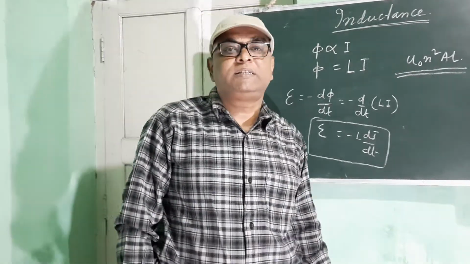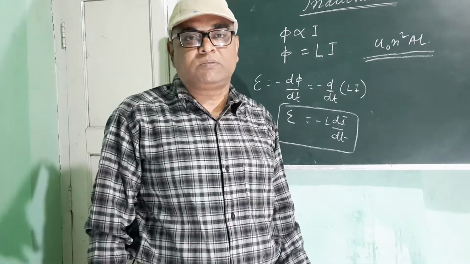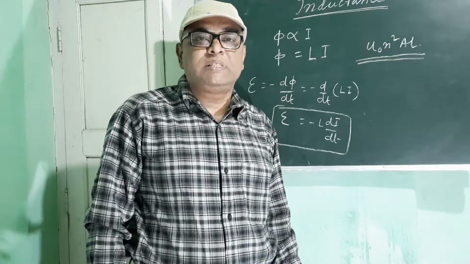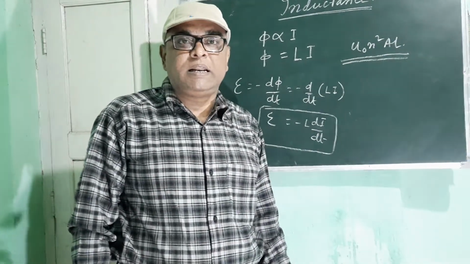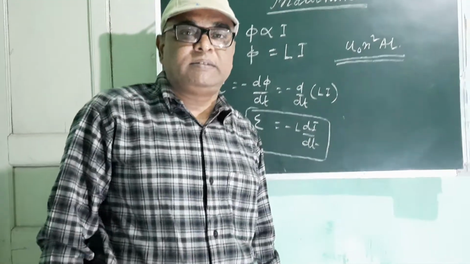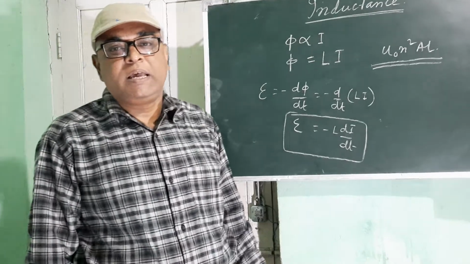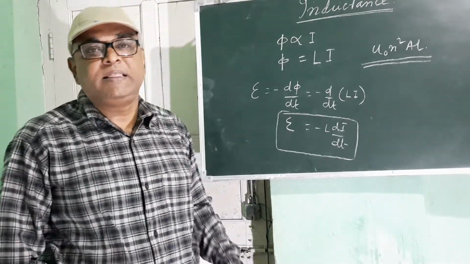Why is it called the inertia of the circuit? It is analogous to mass. As mass opposes any change in motion, similarly in any circuit, self-inductance also opposes any change that happens in the circuit.